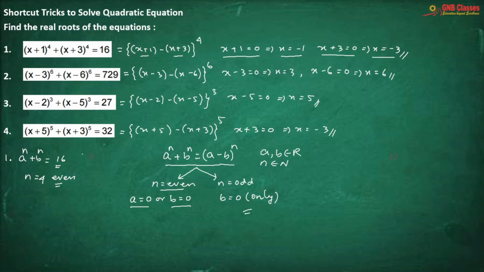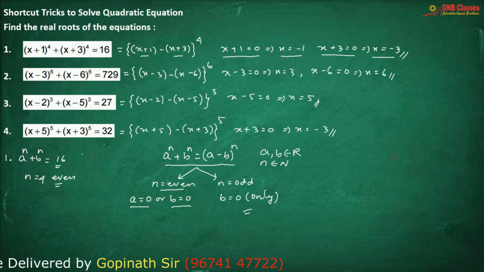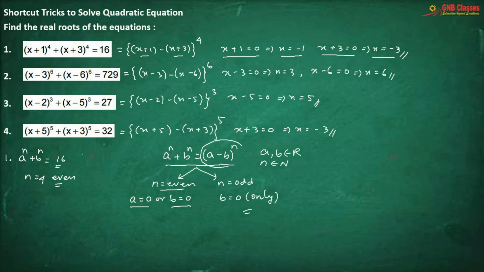See the second problem. It is the same as a to the power n plus b to the power n equals a minus b whole to the power n. How have I done a minus b whole to the power n? Check it in the right hand side. Your 729 is written as x minus 3 minus x minus 6 whole to the power 6, which gives you basically 3 to the power 6, which is nothing but 729.